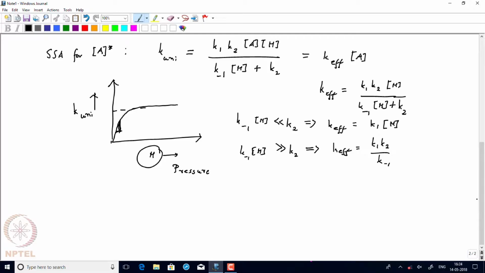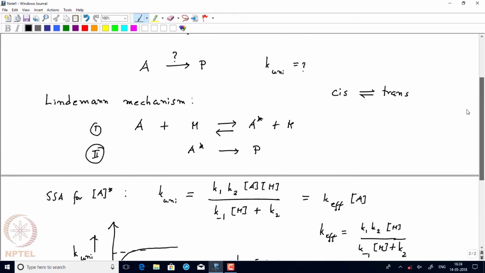So, collision is necessary. And the second thing here is that, from collision theory, you can think of the process of energization, with the rate constant for energization being this first forward step.